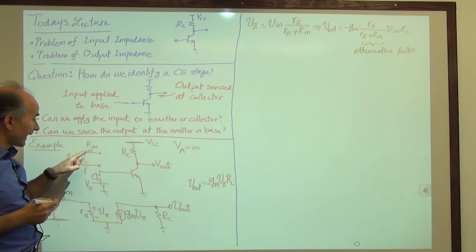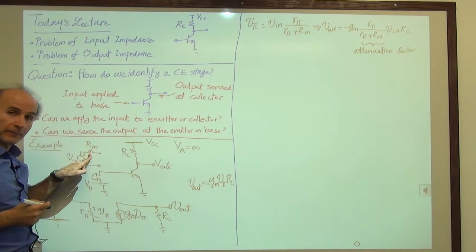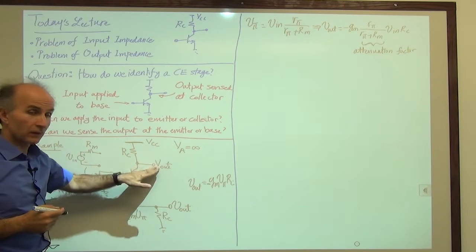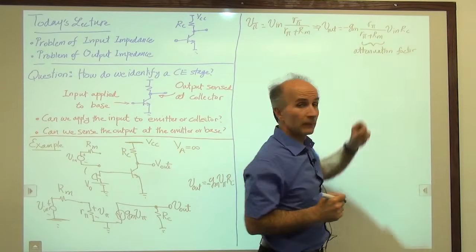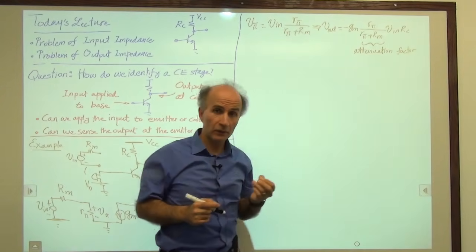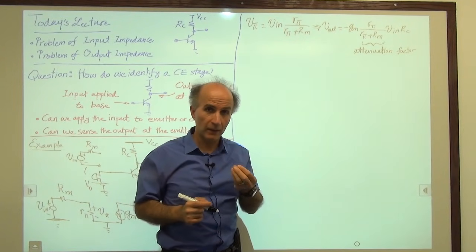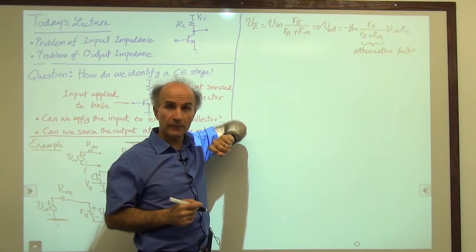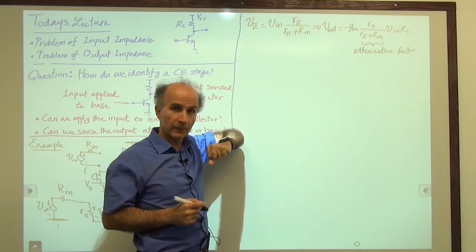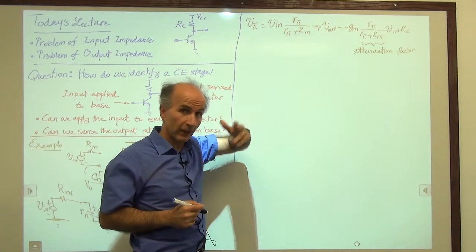So to understand how Rm affects this result, I need to know R pi. So in addition to minus Gm Rc, which represents the voltage gain of the circuit, I also need to know something about R pi.